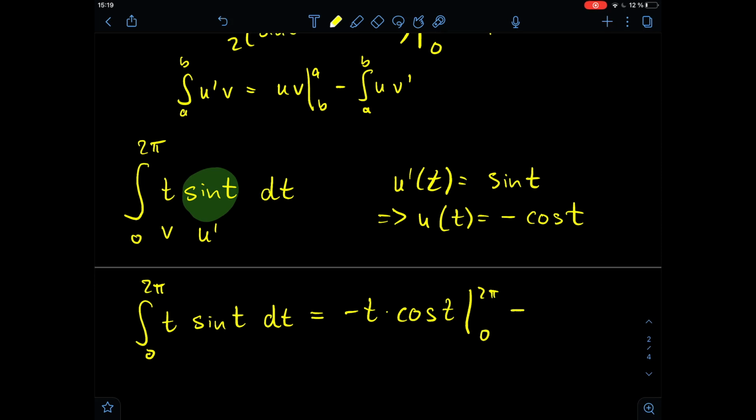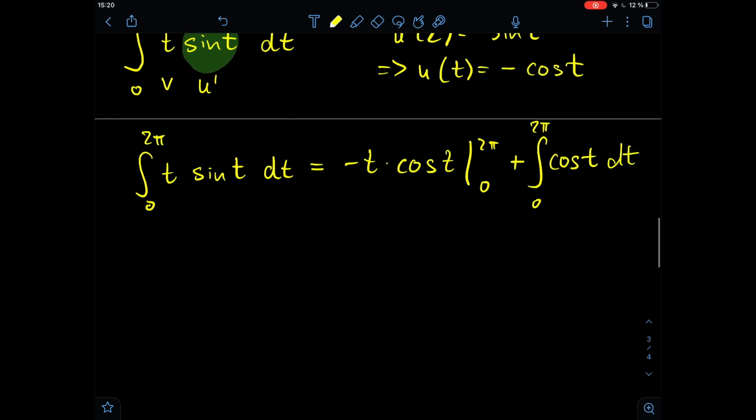And then we write minus, and our u will be minus cosine, so this will become a plus. So we have the integral from 0 to 2 pi over cosine of t, and we need the derivative of v. v is t, so the derivative of t is just 1, so we are left with the integral over cosine of t, which is quite simple to solve.